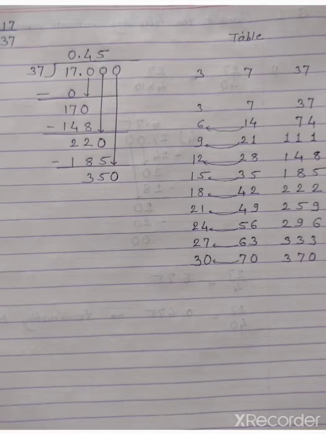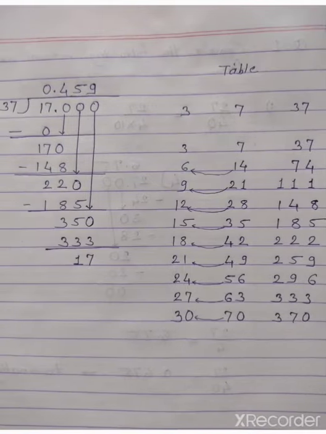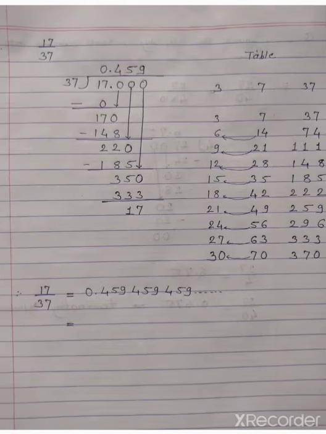Next our next remainder was 35. So we convert it into 350 and from this 350, 333 can be subtracted. So we use this 37 9s are. So here we get 17. So here we are stopping our division process and we can write this number with a bar. So here I represent it.